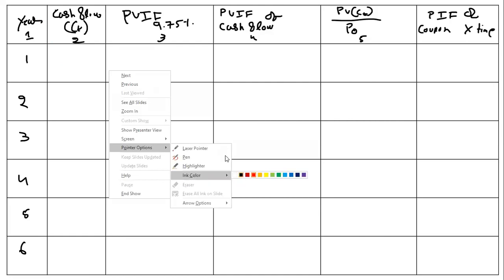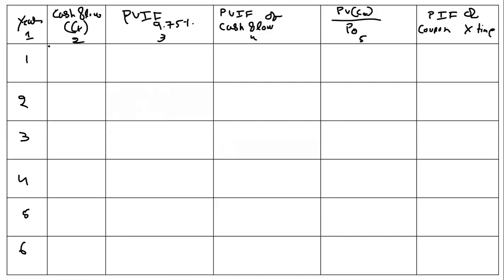So 12% of 100, we get 12 for the first year, 12 for the second year, 12 for the third year, 12 for the fourth year, and 12 for the fifth year, and for the sixth year we get 112. That is the 100 rupees bond value, and 12 is the coupon interest.